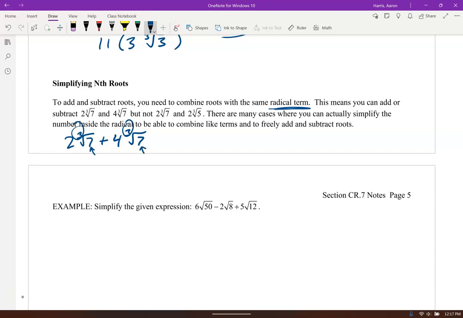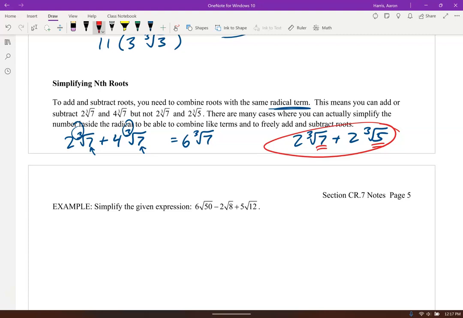So we can add them. So this is 2 bananas plus 4 bananas, 6 bananas, 6 times the 3rd root of 7. But you cannot add 3rd root of 7 and 3rd root of 5. This one's got a 7, that one's got a 5, so you cannot add them. You just leave it right there.